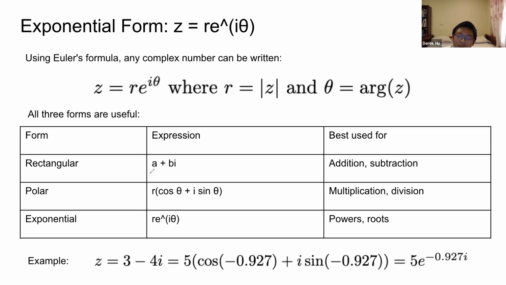And then we can use all three of these forms. So rectangular form is very good for addition and subtraction, since when you add and subtract, you can just add and subtract the real and imaginary parts. And exponential is also good for multiplication and division. Yeah, also good for powers and roots too.